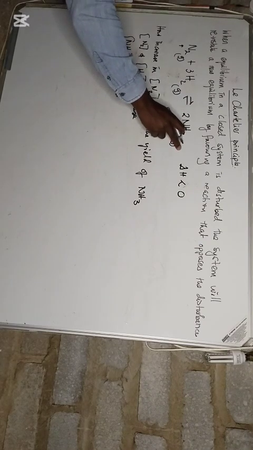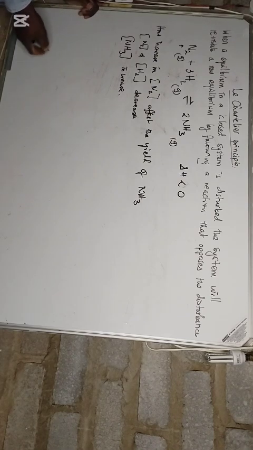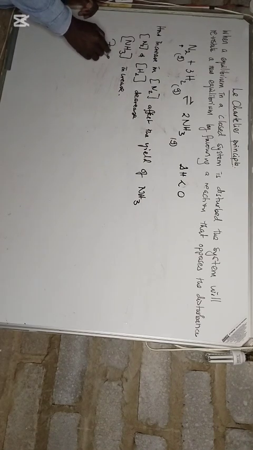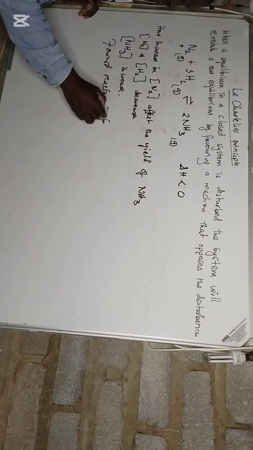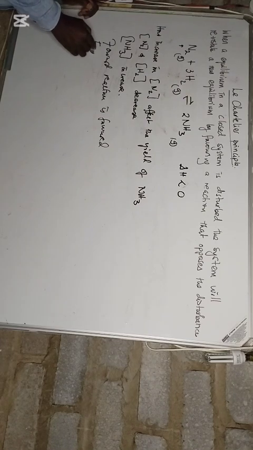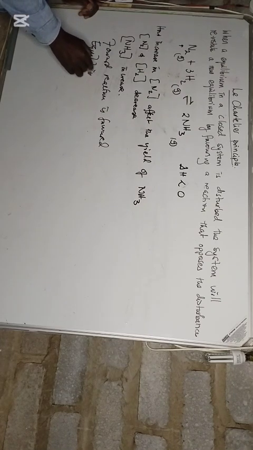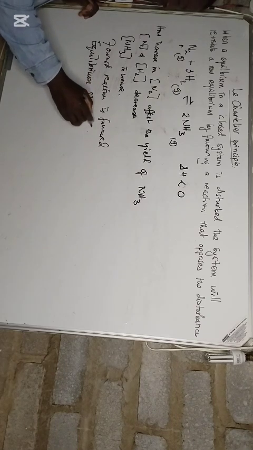We expect its concentration to increase. So obviously the forward reaction is going to be favored. Yes, the forward reaction is going to be favored, obviously. The equilibrium is going to shift to the right.